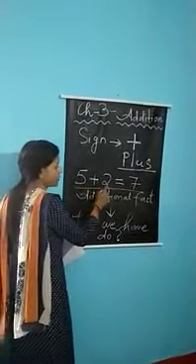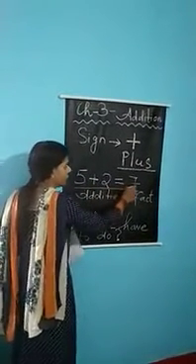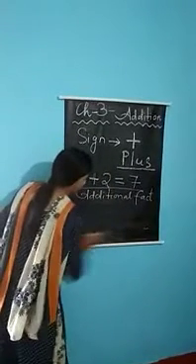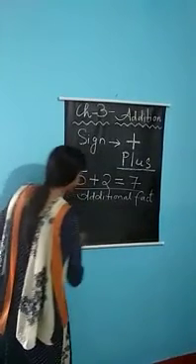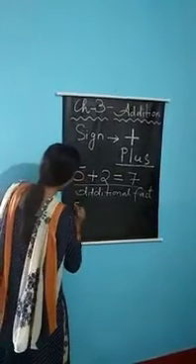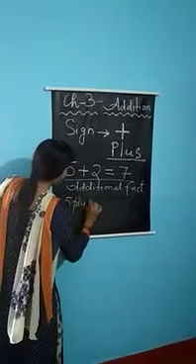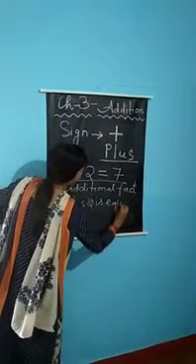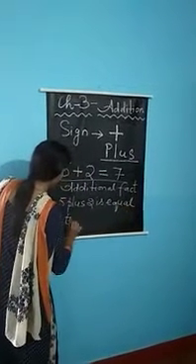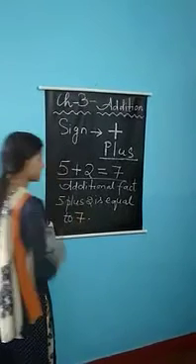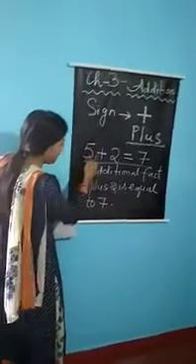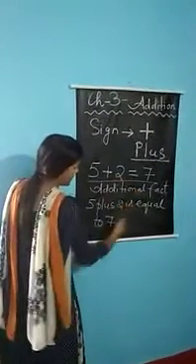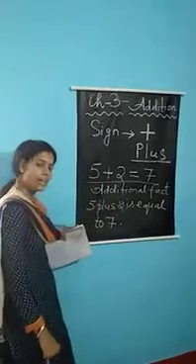We will read it like this: 5 plus 2 is equal to 7.